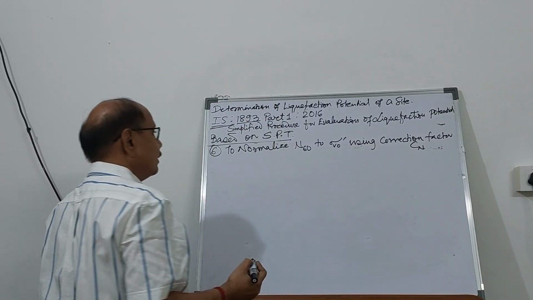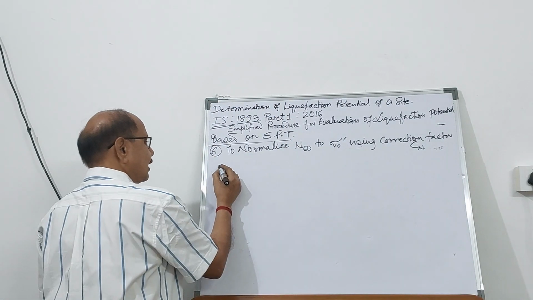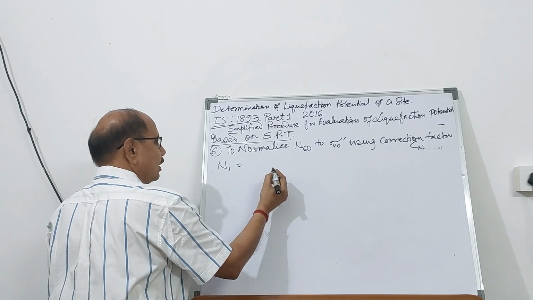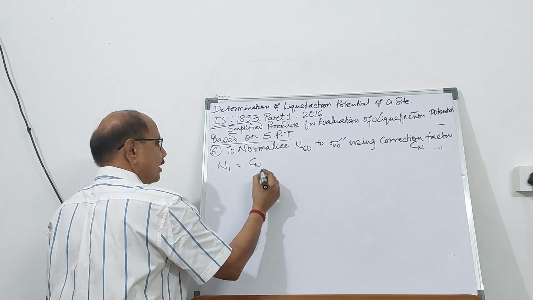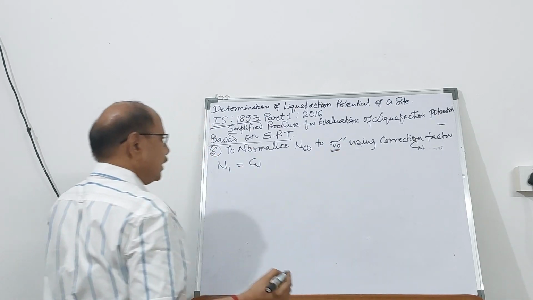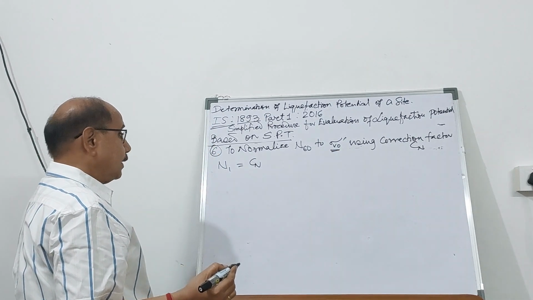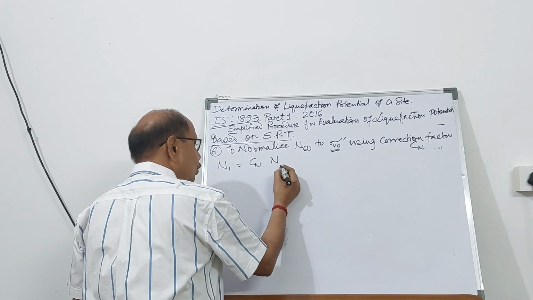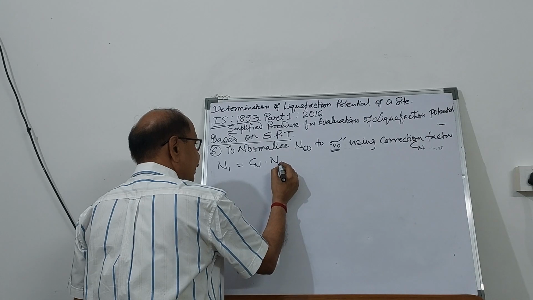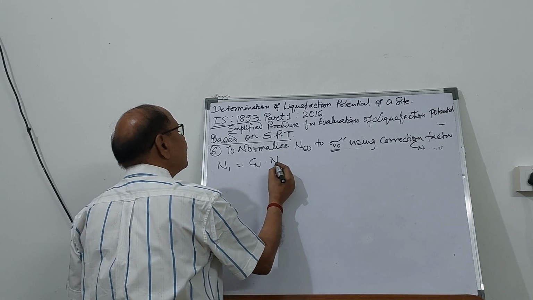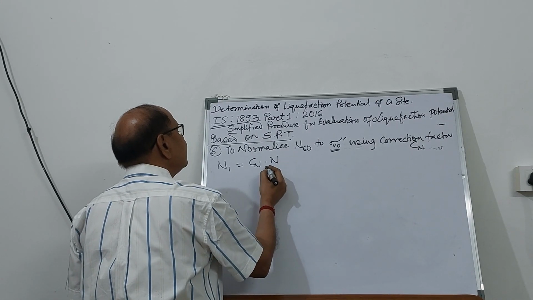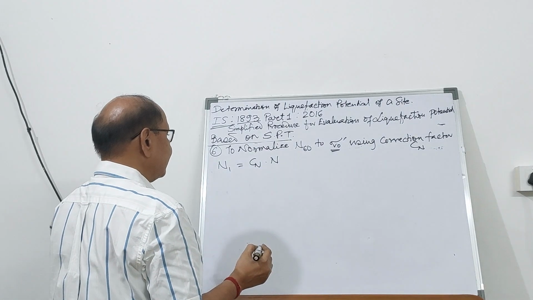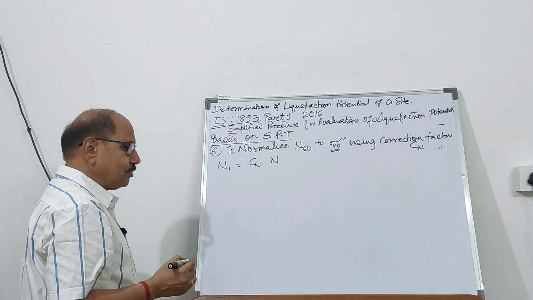Cn. That means the corrected value N1 will be the correction factor Cn, into the number of blows from SPT at this site. So what is the number of blows? N multiplied by the correction factor Cn. Now, how to find out this correction factor?